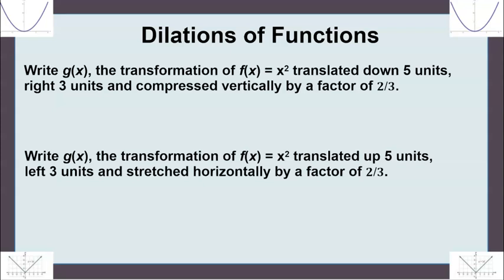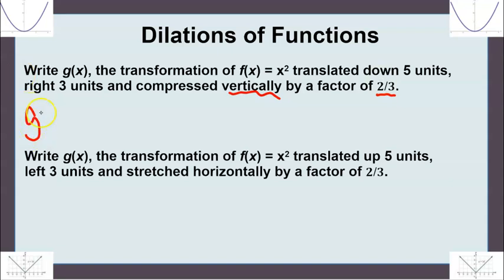Next, these are going to be the opposite of what we just did in the previous slide. So here we're going to write g of x equaling the transformation of f of x equaling x squared, translated down 5 units, right 3 units, but this one is compressed vertically. This is a vertical movement, so the a is on the outside, and our a is 2/3.